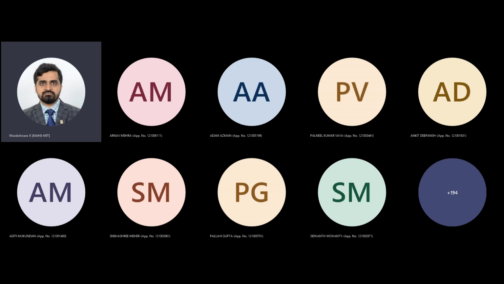We'll start the problem. First, let me draw the sketch. A bigger pulley and a smaller pulley. Then you have a belt. Now if this is rotating in the clockwise direction, which side is tight?